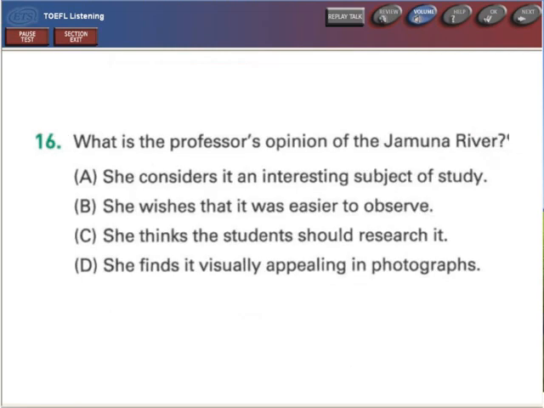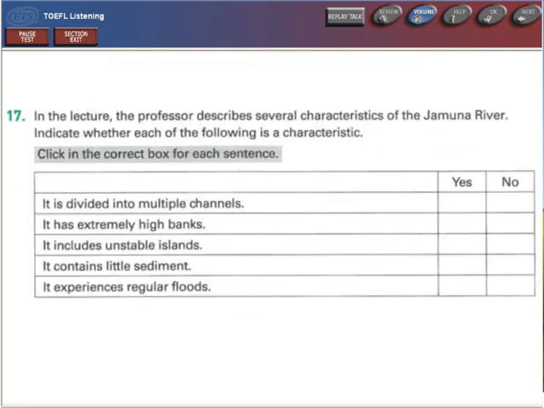16. What is the professor's opinion of the Jamuna River? 17.